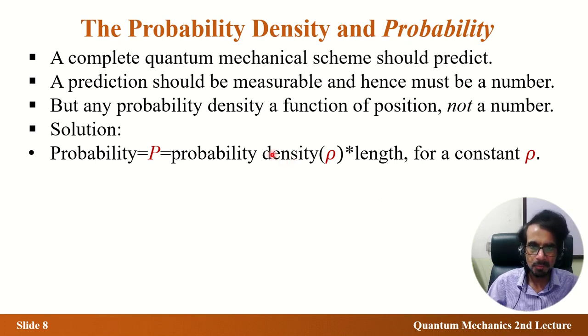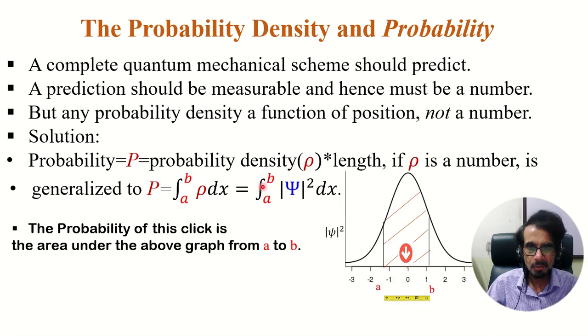Probability density is probability per unit length, multiplied with length it is a probability. So far it is a number, but this is extendable. In general, if it is a function of position, this product will become an integral.